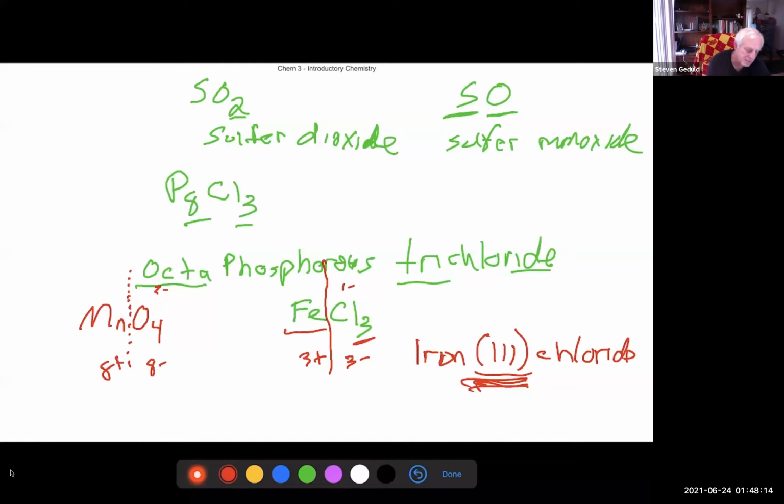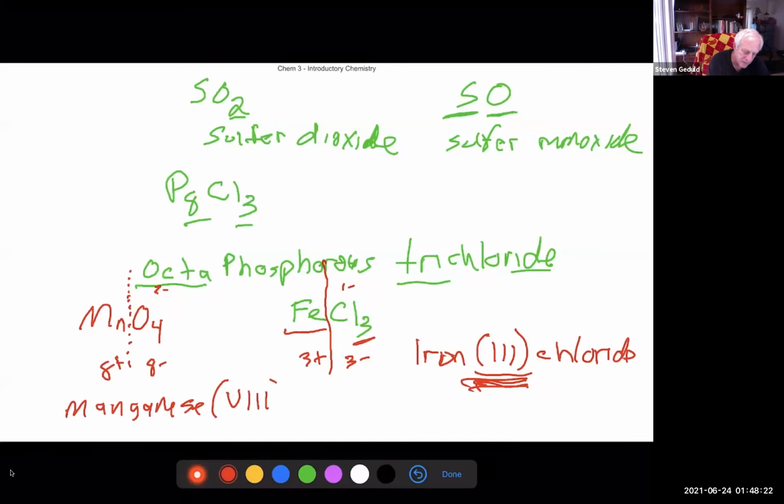So the name has to be manganese, and the charge has to be 8, and then oxide. Manganese(VIII) oxide. So once you see it's a transitional metal, you just have to remember to put that Roman numeral.